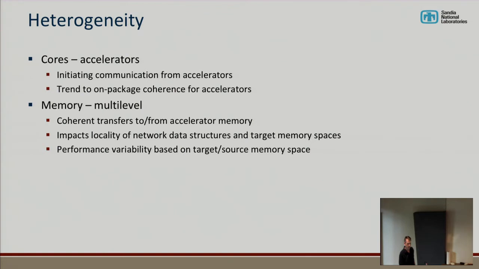And then multi-level memory. Multi-level memory I think is interesting because a lot of the large systems that we're looking at procuring in the DOE, we're trying to reduce that impact as much as possible. So there's vendors that are putting high bandwidth memory on package right on the processors. And we're actually doing some things from a configuration and architecture standpoint to try to minimize the levels of memory that we have.